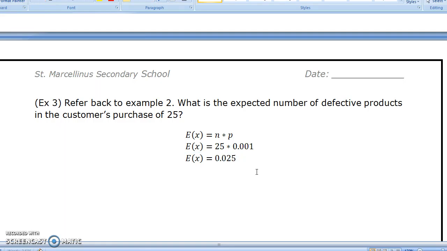So we expect to find 0.025 defective parts in a sample of 25.